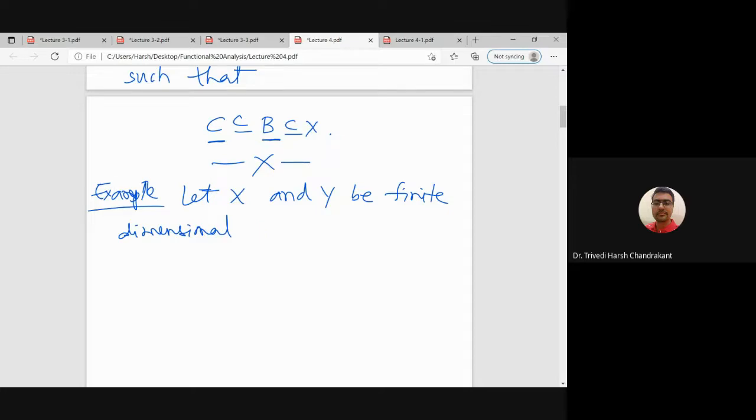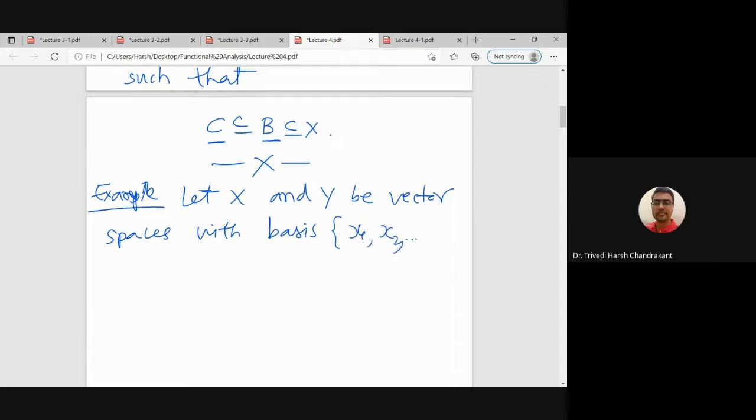So the vector space. Let us fix the basis also. The basis of X is x1, x2, ..., xn, and the basis of Y is y1, y2, ..., ym.